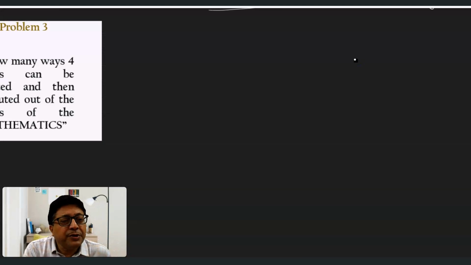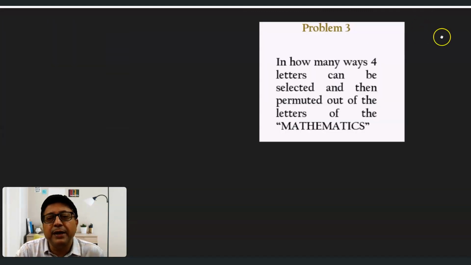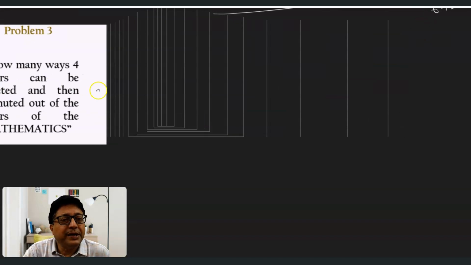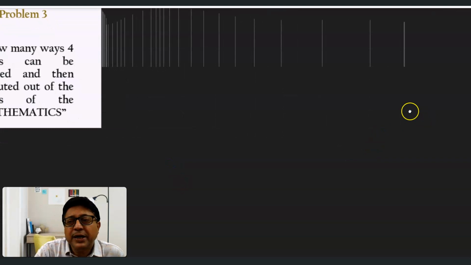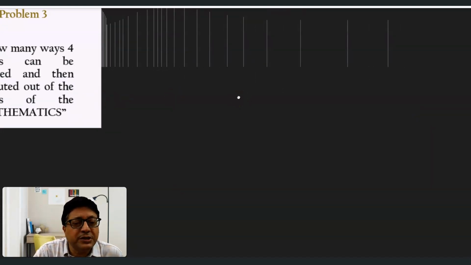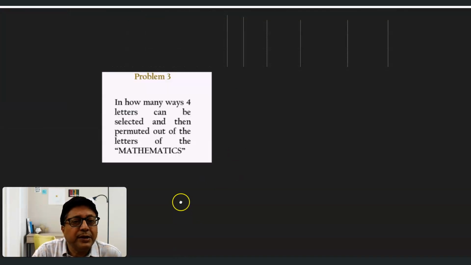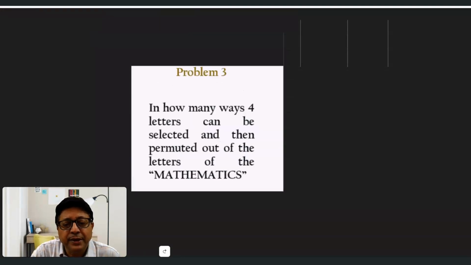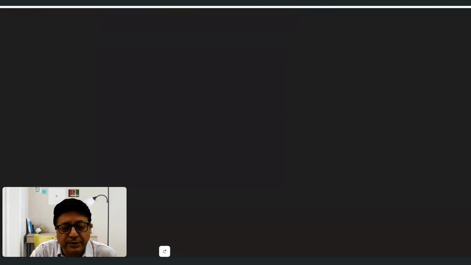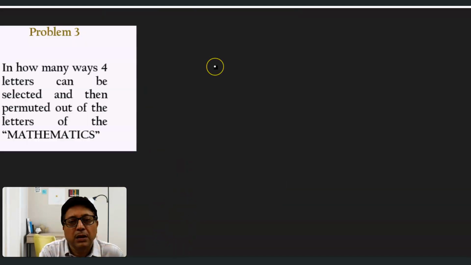So let us start counting the total number of letters of the word. Here 3, 3, 6, 3, 11. 11 letters are there. Out of these 11 letters, some are repeated and some are not repeated. Which one is repeated here? A is repeated, M repeated. E is not repeated. So let us write the number of each.